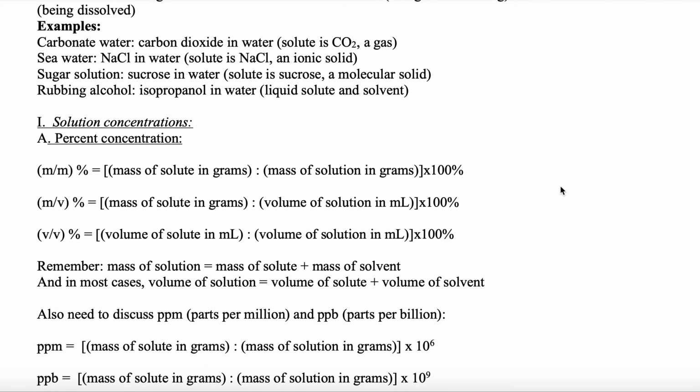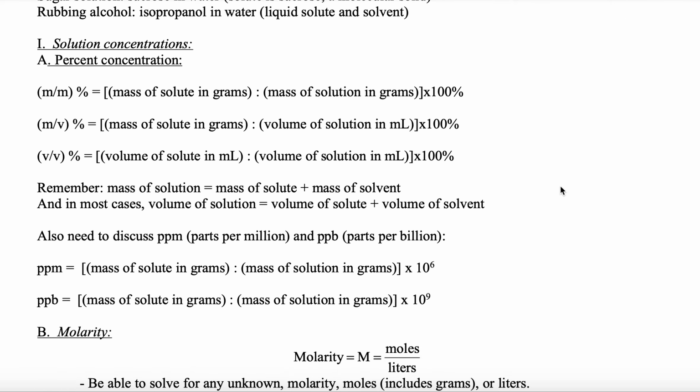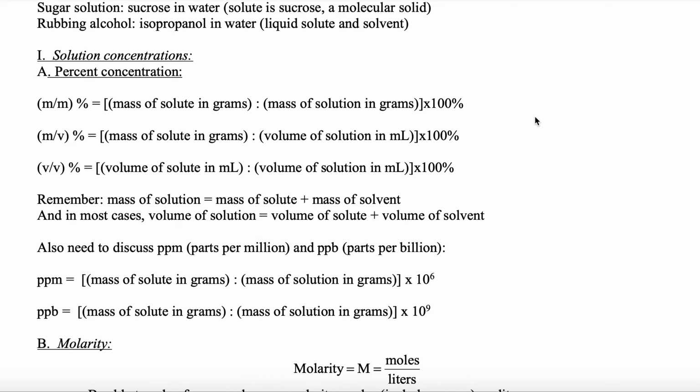Okay, let's talk about concentrations. The popular concentration that we see every day in everyday life would be the percent concentration. We see that all the time, like vinegar is 5% acetic acid in water. Here it is, percent m over m, meaning mass over mass. So you would take the mass of the solute in gram, you divide it by the mass of the solution, the whole solution.